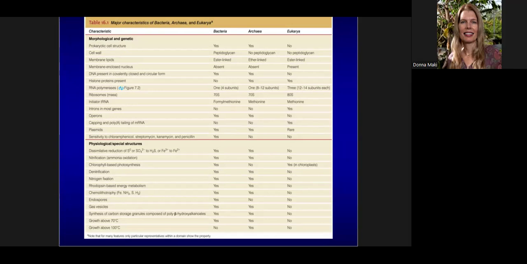If we go all the way down to ribosomes, I'd like you to know that content. And then I'd like you to know the plasmid comparison. So those will be fair game for the exam questions. Okay, so all the way down through ribosomes, and all of that, and then the plasmid.